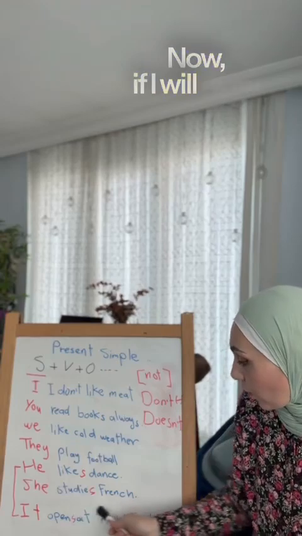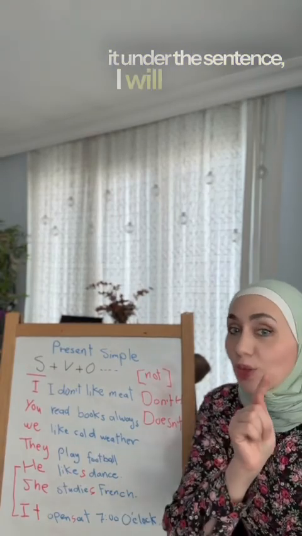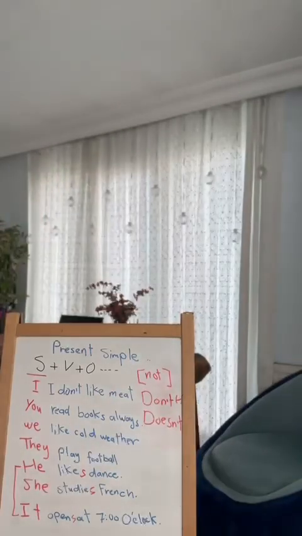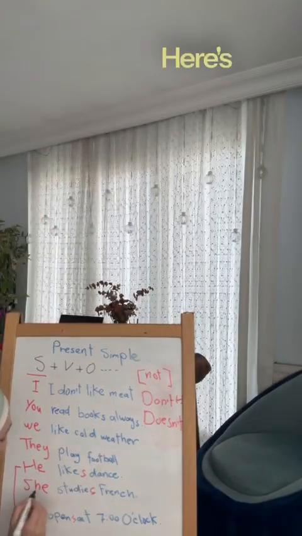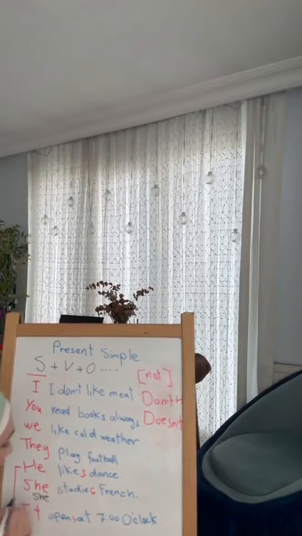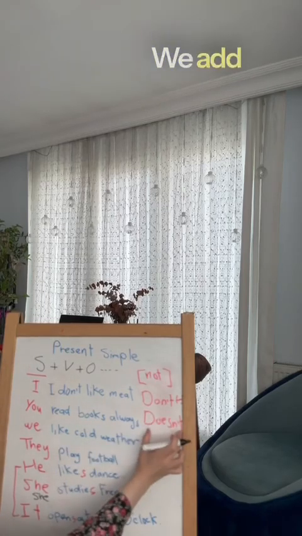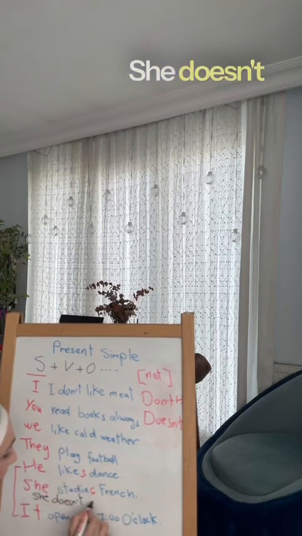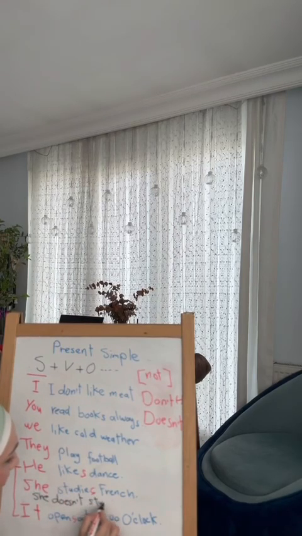Now, I will write it under this sentence and show you how the sentence will be. Here, she, we add doesn't, she doesn't study.